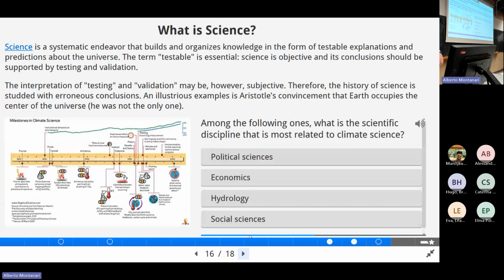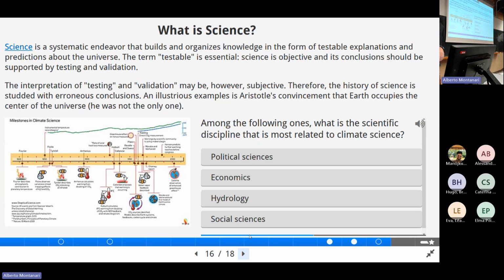Now, let's also define what is science, because the title of the subject is Science of Climate Change. In the introduction, we have to talk about defining science. So science is a systematic effort that builds and organizes knowledge in the form of testable explanations and predictions about the universe. I go back to my initial discussion on medicine.